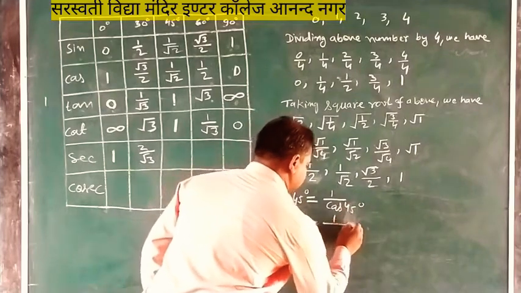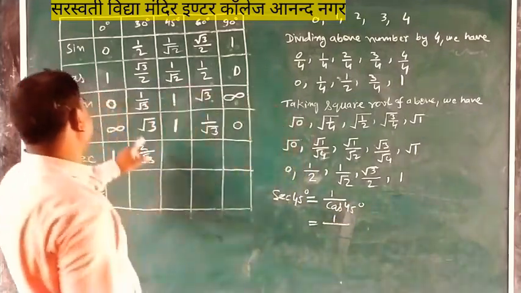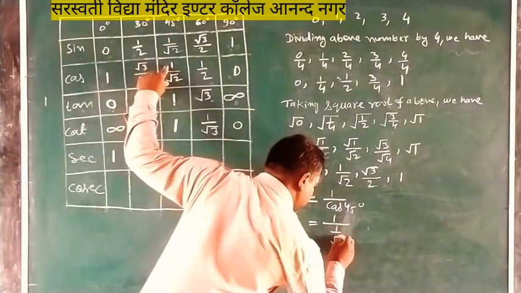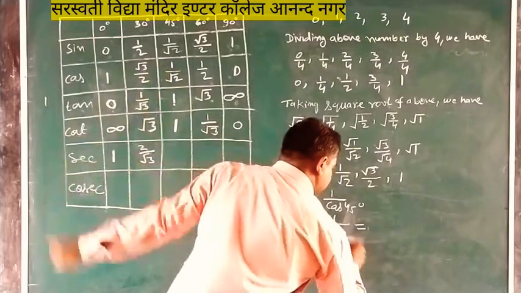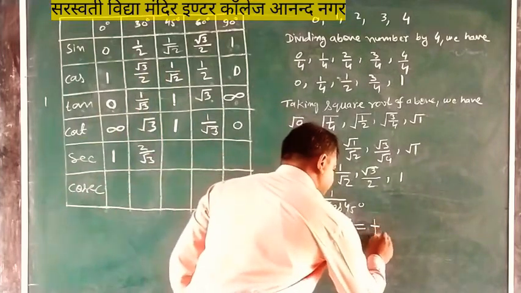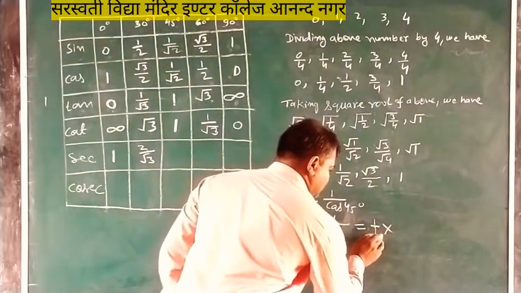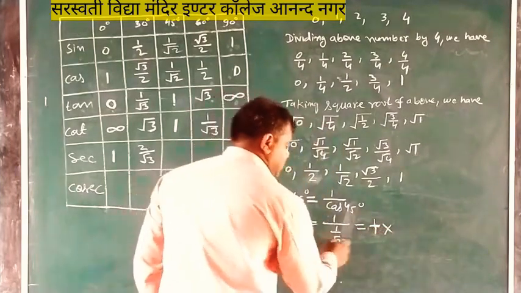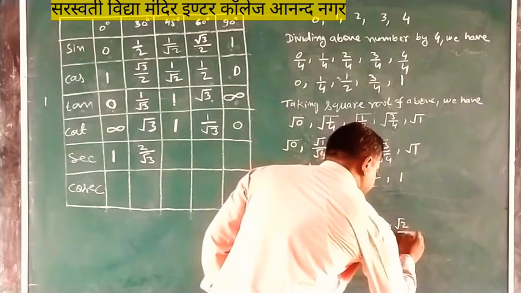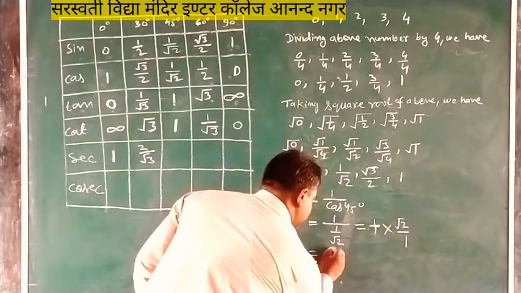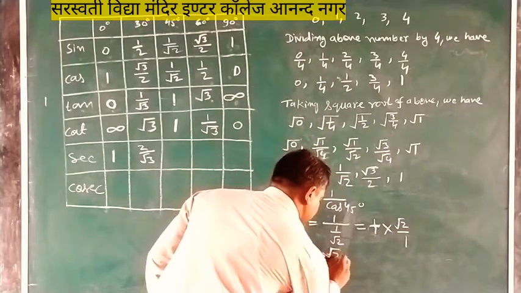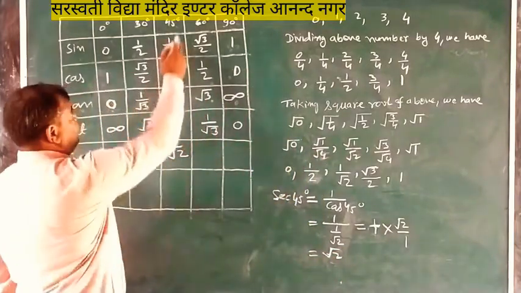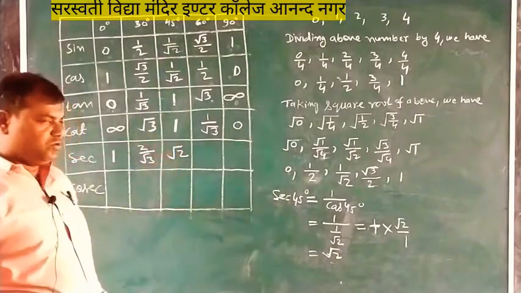The value of cos 45 degree is 1 by under root 2, then it will be 1 by 1 into under root 2 by 1, and after multiplying this we will get under root 2. Then sec 45 degree will be under root 2.